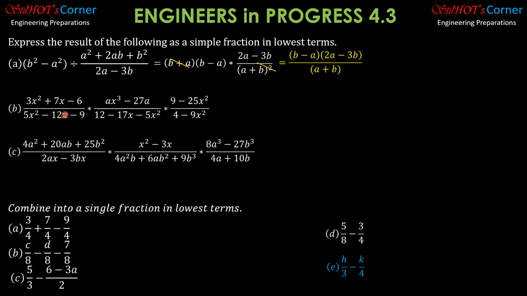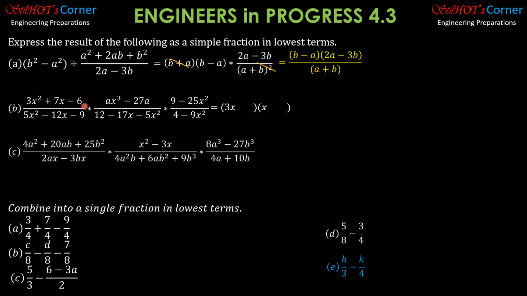As well as here, 5x and x, and negative 9 here, so 9, 1, 3, 3. So let's figure out the factors so that we get negative 12x in the middle term. So that is equal to 3x and x here.